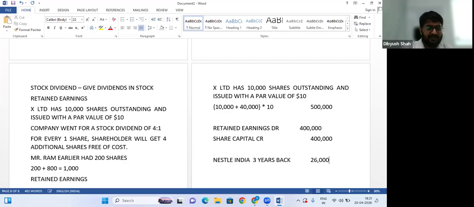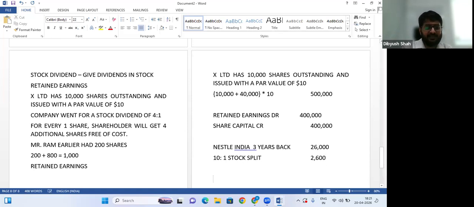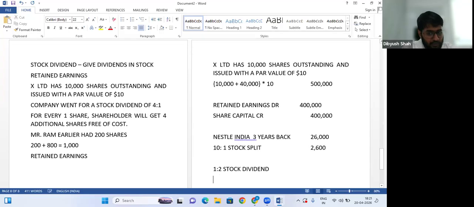They did a 10:1 stock split, if my memory serves me correct. Yeah, it was stock split only, not dividend. Price fell to almost 2,600. Last year, they did a 1:2 stock dividend. For every 2 shares, they gave 1 share free of cost to reduce price further.